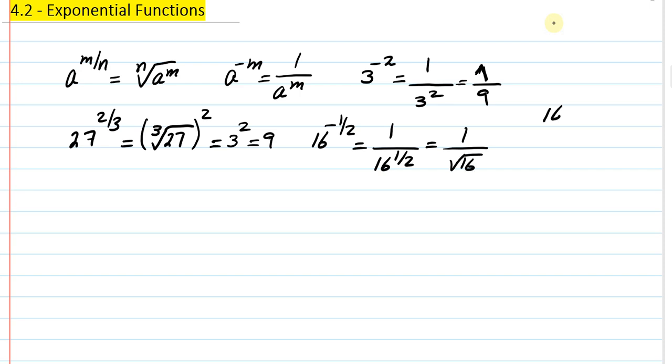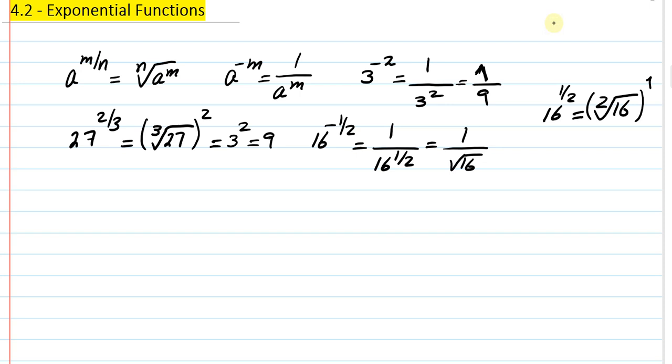Now let me show you a little detail on this one. Remember, the denominator becomes the index, the base is the radicand, and the exponent is the numerator. But in the case of exponent 1/2, what we don't see is a 1 and a 2 in the general form. Down here, I have just the square root of 16.